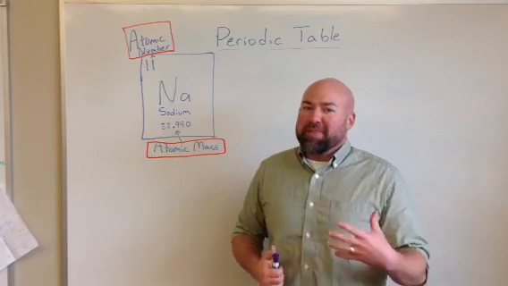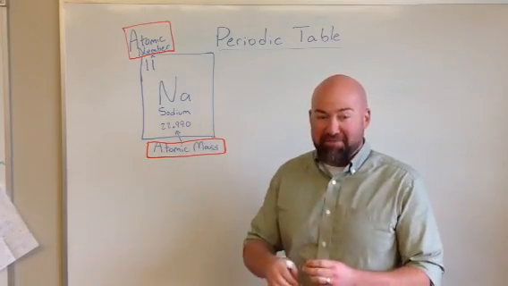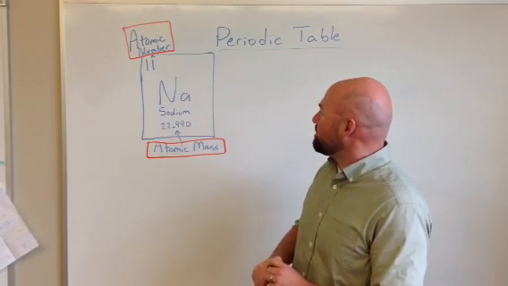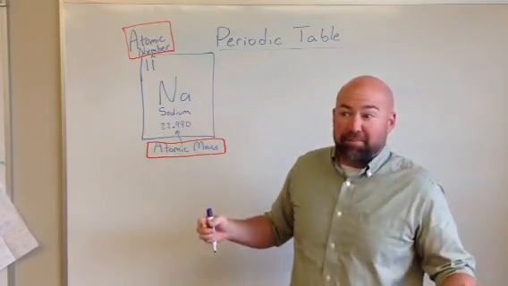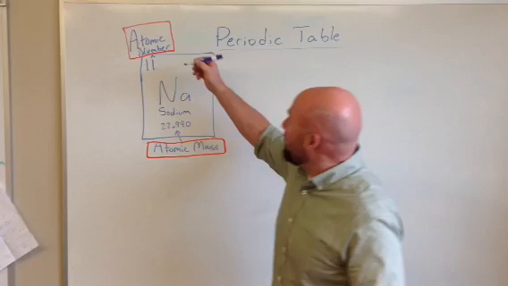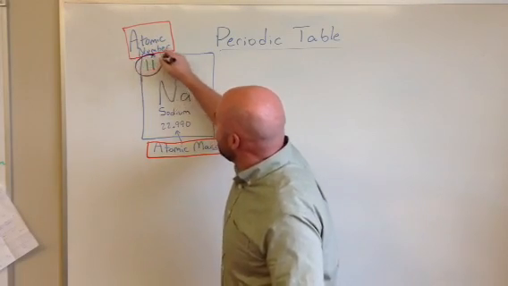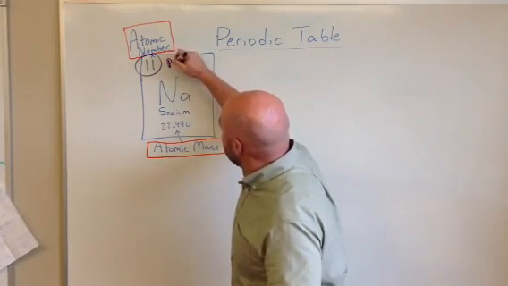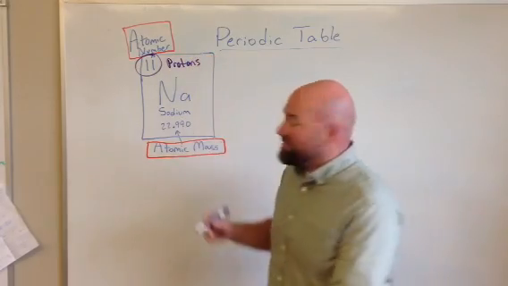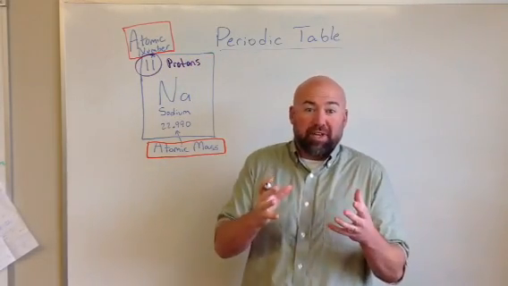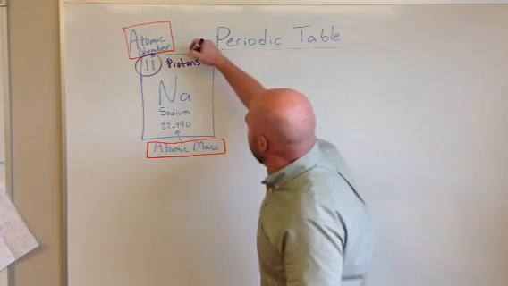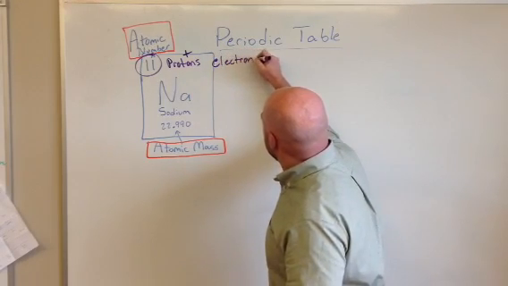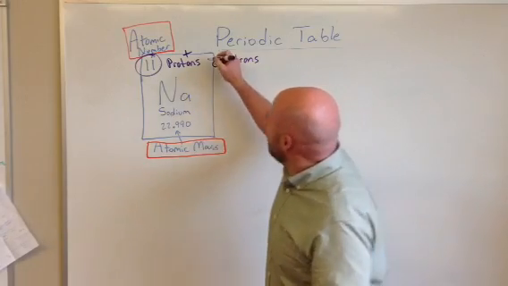And today, since you already wrote me these letters a few years ago, we're going to review some stuff about our periodic table, looking at our sodium here as our example. Now, if you remember, our wonderful atomic number, which is located usually at the top, is our number of protons, and since atoms like to be neutral in their charge, protons being a positive charge and electrons being a negative charge, these are equal.